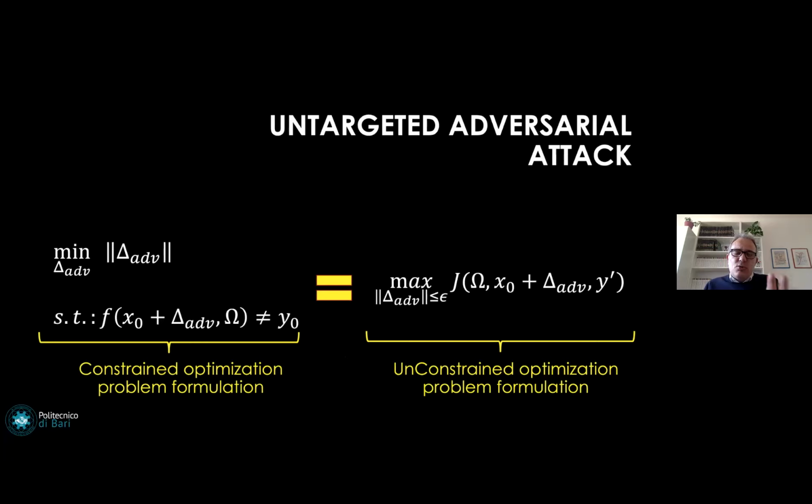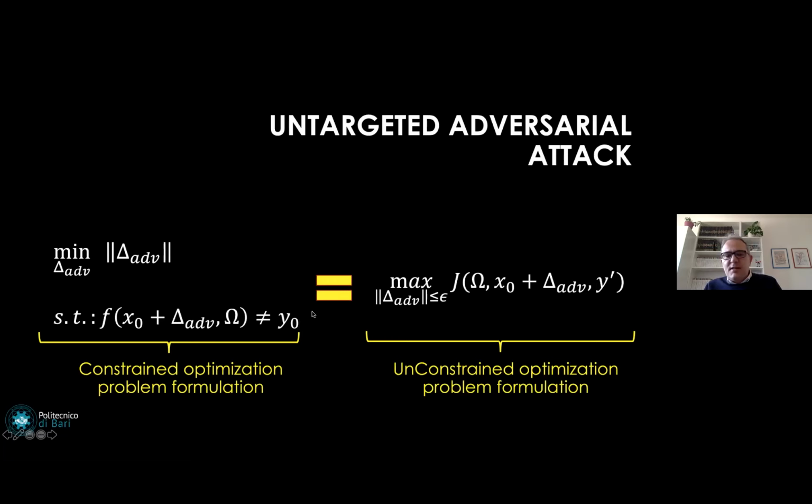With respect to untargeted and targeted adversarial attacks, from a machine learning perspective we can model the untargeted adversarial attack as a problem where we want to minimize the perturbation such that the classification function classifies my perturbed sample with a label which is different from the original one.